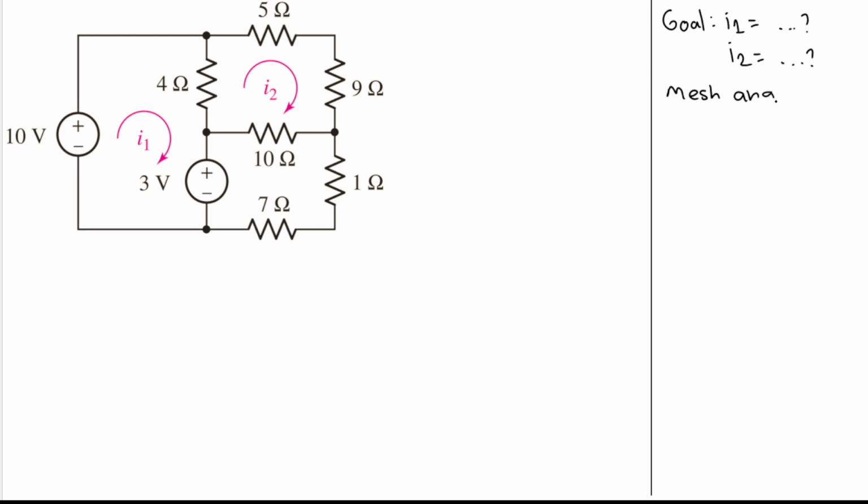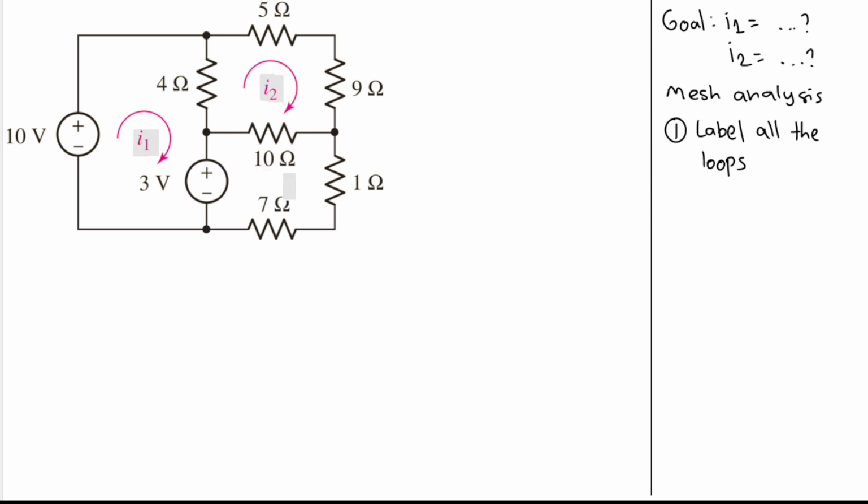Mesh analysis. Okay, the first thing that we need to do to use mesh analysis is to label all the loops. And let's see what we can get from the circuit here. We have given I1 is the current on this loop here, and then I2 is the current on this loop here.